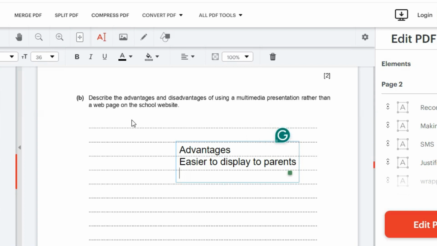Two, can be viewed without internet access.